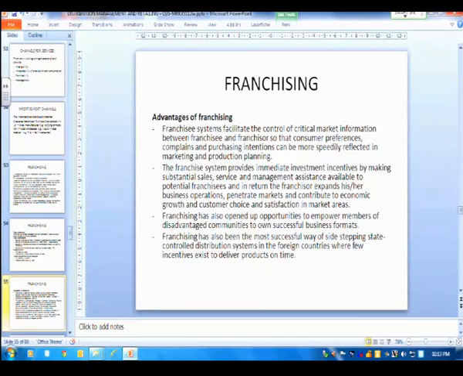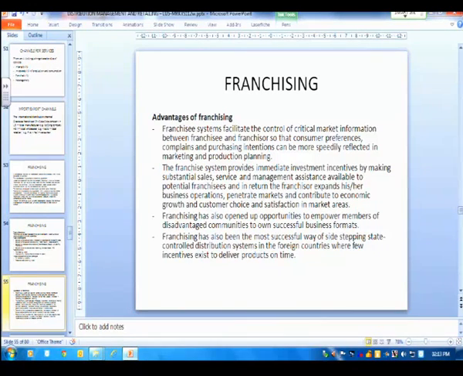The franchise system provides immediate investment incentives by making substantial sales, services, and management assistance available to potential franchisees, and in return, the franchisor expands his or her business operations, penetrates markets, and contributes to economic growth and customer choice and satisfaction in the market areas.